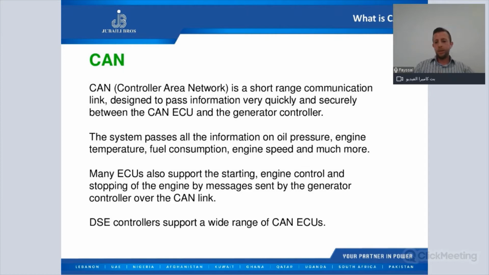The most common link between a genset controller and the engine is a CAN link. CAN stands for Controller Area Network. It's a short-range communication link. It's designed to pass information very quickly and securely between the ECU and the generator controller. It's really quick. The speed of data transfer could reach 8 megabits per second over CAN.